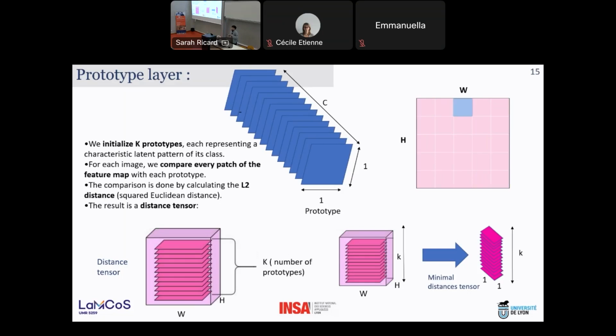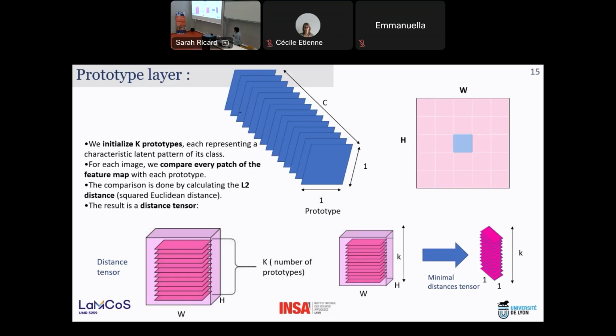The metric we're using to quantify this resemblance is Euclidean distance. So we measure the Euclidean distance between each prototype and each patch in the feature map. By the end, we would have calculated the distance between each prototype in the prototype set and every single patch in the training image.